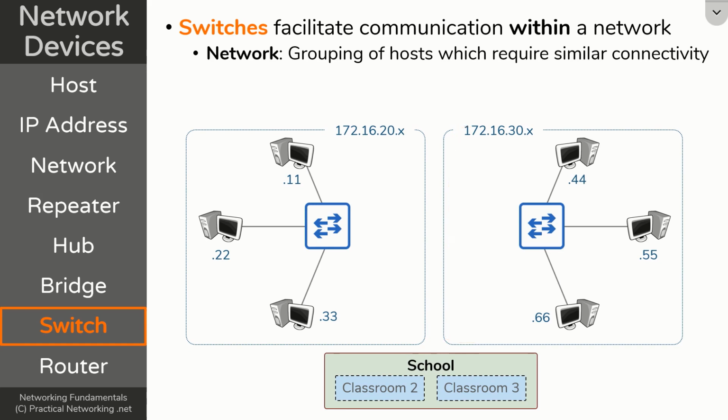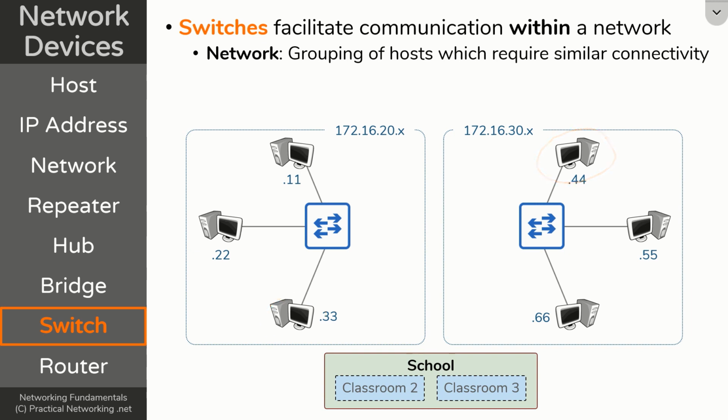Now, in both cases, we can still use switches to facilitate all the communication within the networks, meaning this switch can handle all the communication between these three hosts, and this switch can handle all the communication between these three hosts.